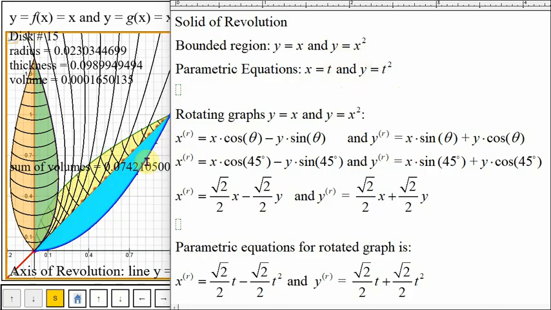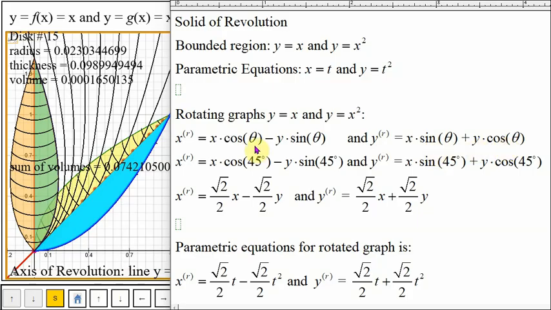To rotate this graph right here 45 degrees, we can use this set of formulas. x rotated is equal to the original x times cosine of theta minus y sine of theta. And then y rotated will be the original x times sine of theta plus y cosine of theta.